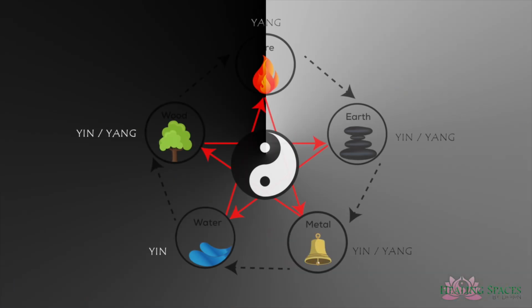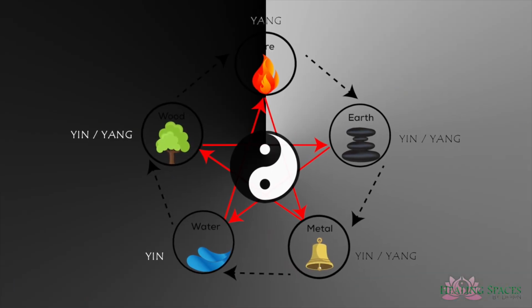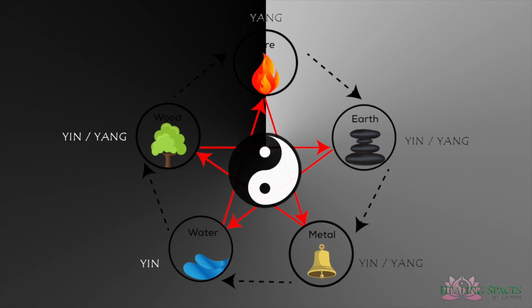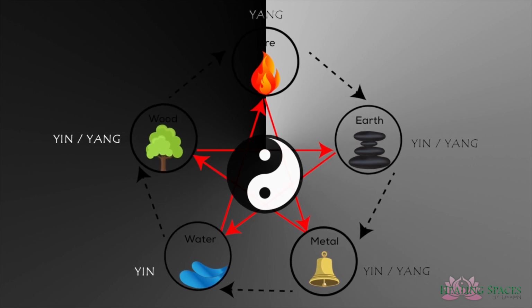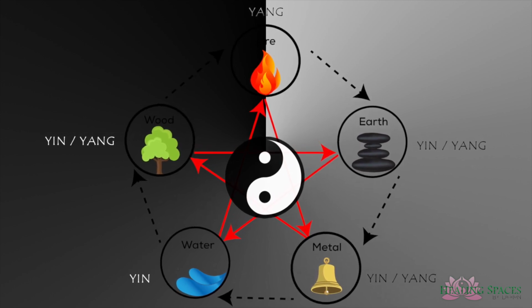That calculation will also tell you if you are a yin or a yang energy within that element. So within the 5 elements, there's only 2 elements that are only yin and only yang. Fire is only yang, water is only yin. The other 3 elements of earth, metal, and wood have a yin or a yang energy, and that you will be able to find out from the calculation that you do.